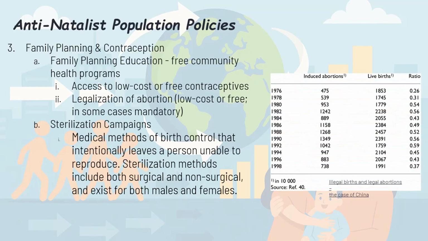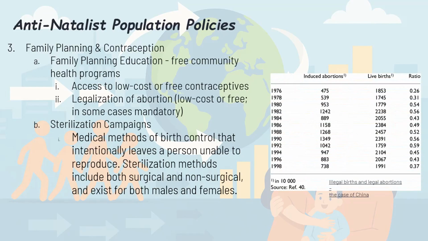The chart here shows data from China, where abortion and sterilization became widespread during their population control efforts. You can see just how intense the numbers got. So, yeah, family planning policies could range from empowering people to make informed decisions to crossing some serious ethical lines.